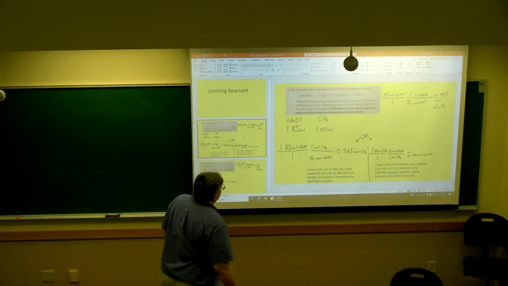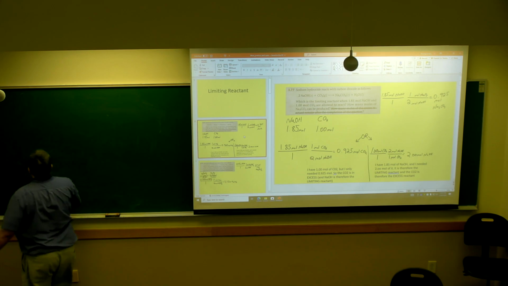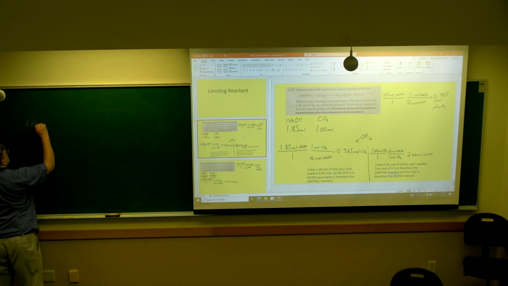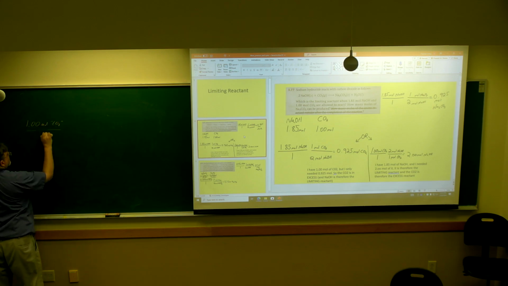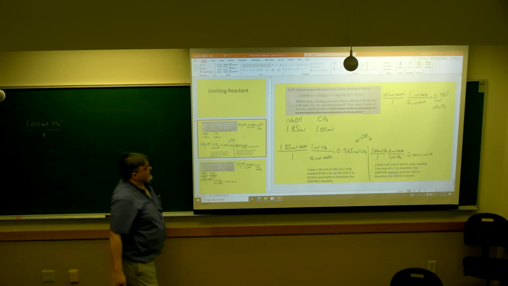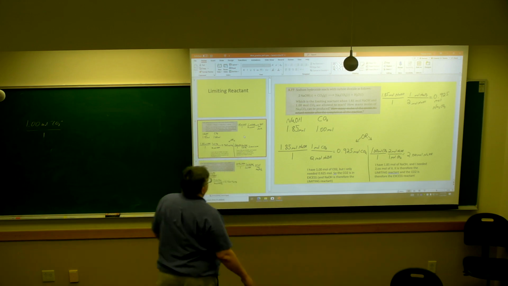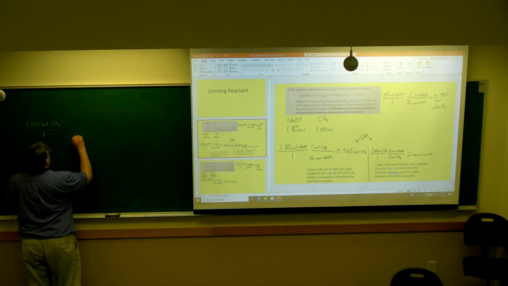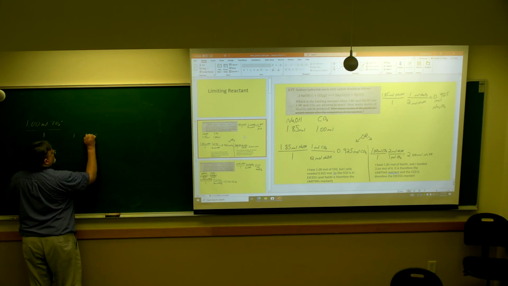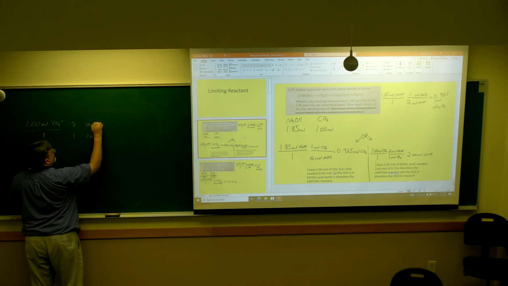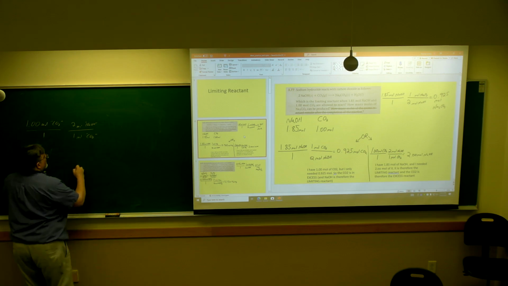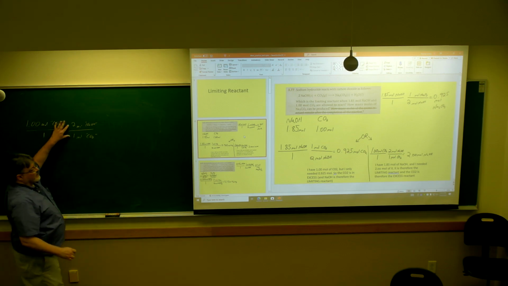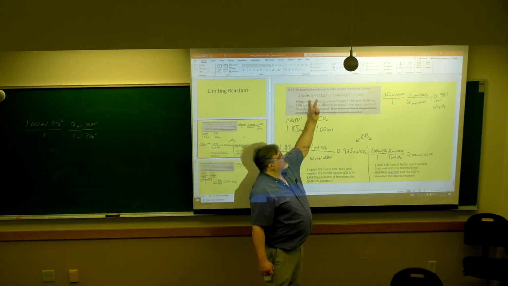All right, we have 1.00 moles of CO2. And then our molar relationship for the two reactants is 1 CO2 to 2 NaOH. These moles are coming from the equation.